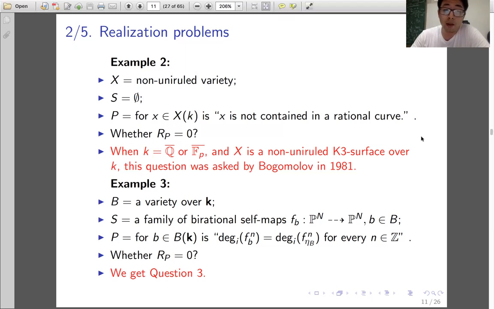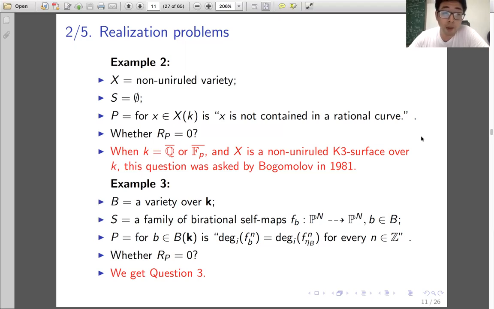When K is Q-bar or F_p-bar, and X is a non-uniruled K3 surface over K, this question was asked by Bogomolov in 1981.